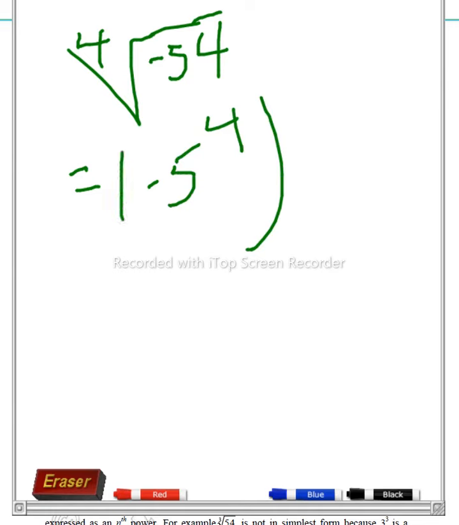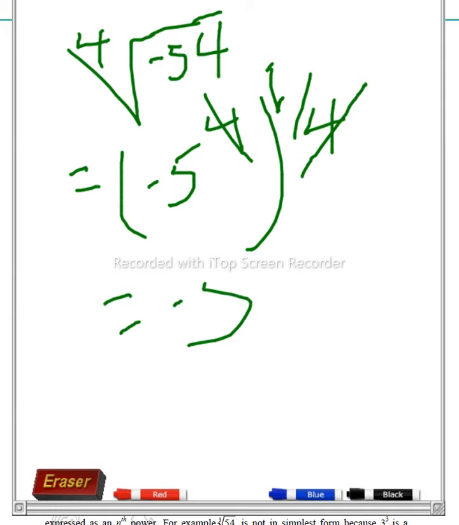Again we have the power of 1 over 4. Here we have 4, so we can put this fourth root like this. Then we can multiply 4 times 1 over 4. 4 over 4 means 1, so we get negative 5, and we can also cancel 4 by 4. We get minus 5.